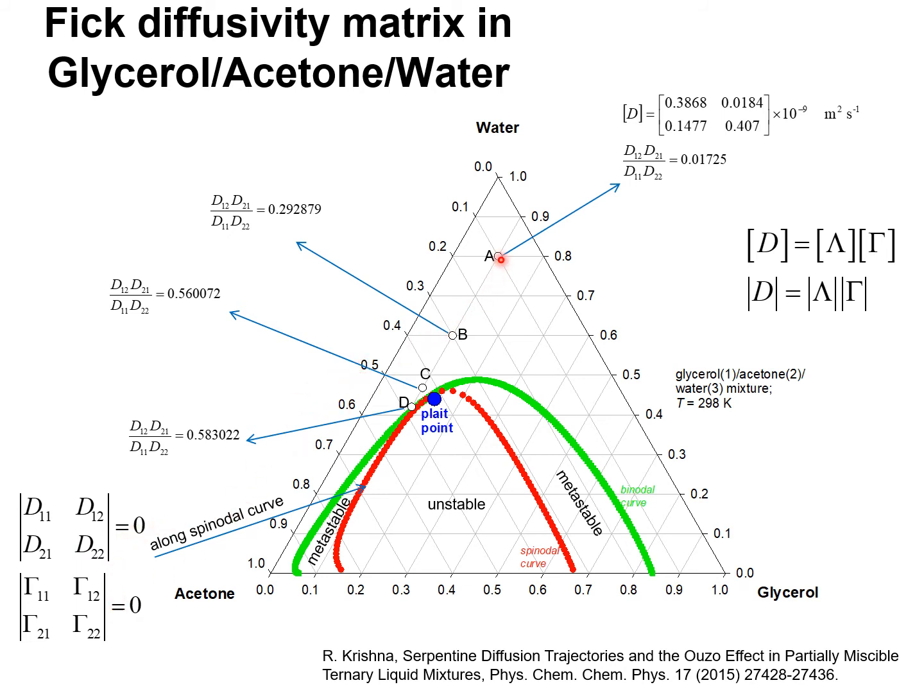Let's look at the elements of the matrix of Fick diffusivities as we move along this line from composition A to composition B to composition C to composition D. For composition A, the matrix of Fick diffusivities has these elements, and if we take the product of the cross coefficients and divide by the product of the diagonal elements, the ratio is found to be 0.01725.